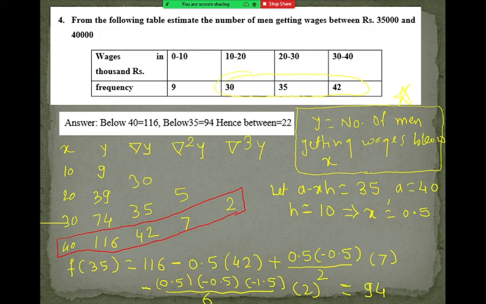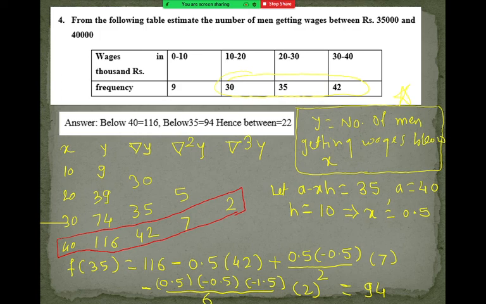I want the exact number. What number did you get there? 94.25. Okay, if you get 94.25, you will observe the decimals. 94.5 and above, if it is there, we take it as 95.